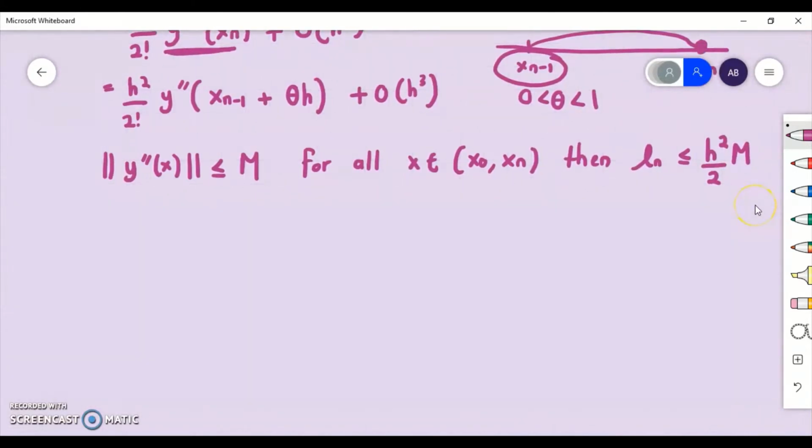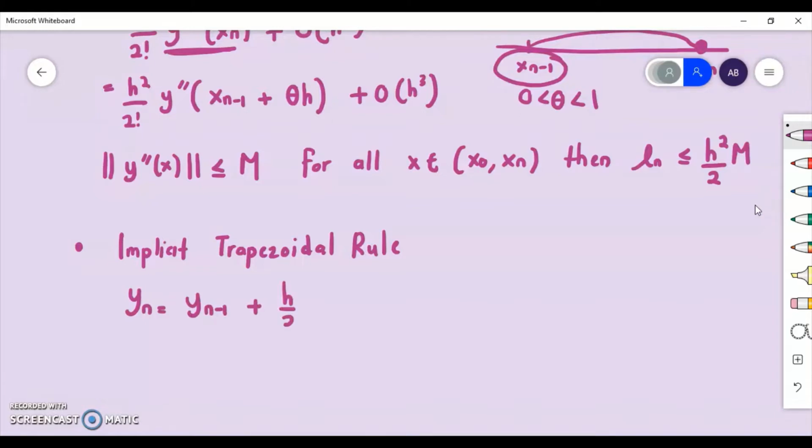Okay, now let's look at another method. Let's look at this method here. So what is this method? We have the implicit trapezoidal rule, given by yn equals yn minus 1 plus h over 2 times f of xn minus 1, yn minus 1, plus f of xn, yn.